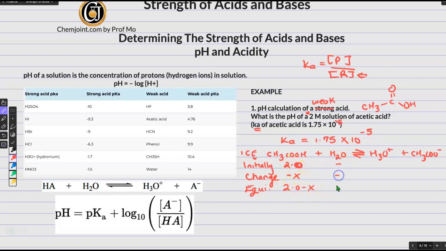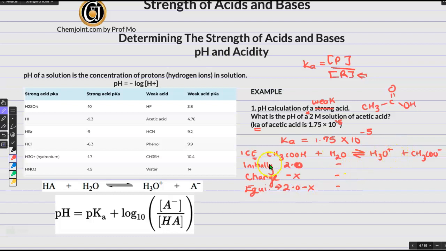Water does not have a concentration. So initially it was 2 for acetic acid. It's going to change by a value of x. The concentration will reduce by a value of x as you make products. And then at equilibrium when the change is done, the concentration of acetic acid will be 2.0 minus x.